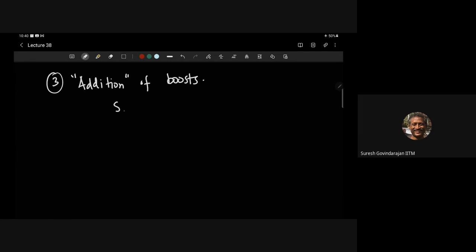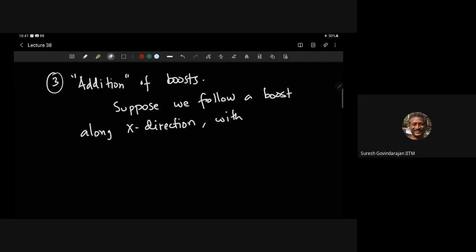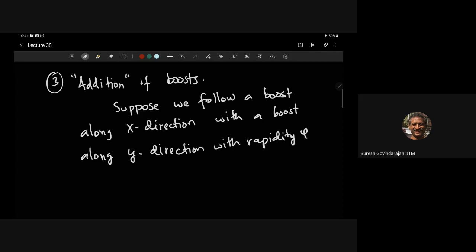Suppose we follow a boost along the x direction with rapidity phi 1 with another boost along the x direction with rapidity phi 2.